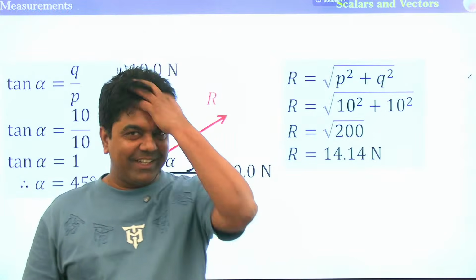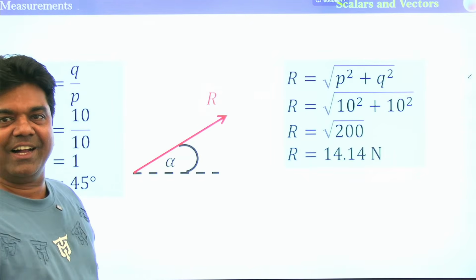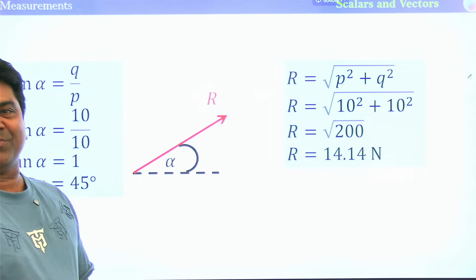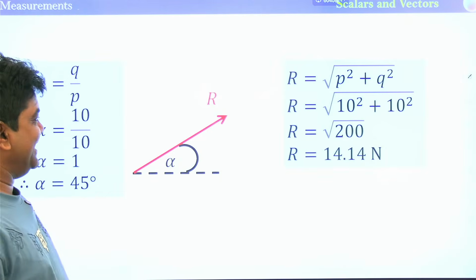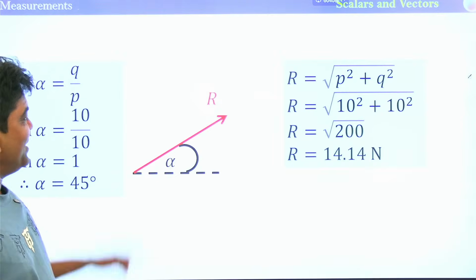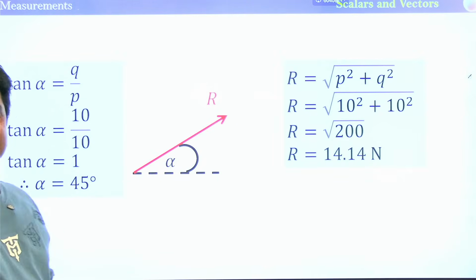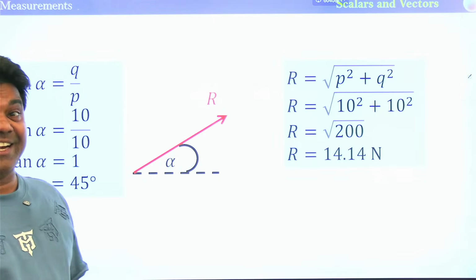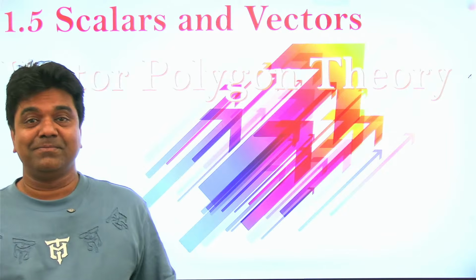Okay, so here we got the answers for the resultant R. So that is the explanation of this full story, right? R is 14.14 and alpha is 45 degrees. So that is the end of the vector resolving method.